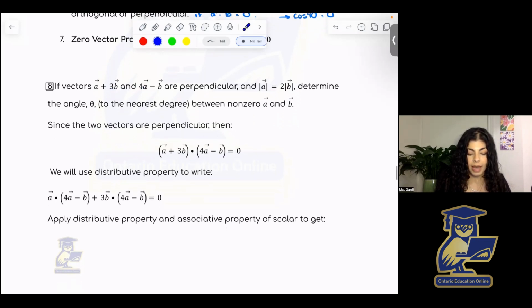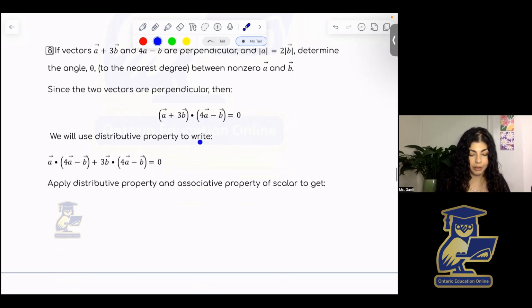0. Now we use the distributive property first here, and I'm going to rearrange here to get, distributing A here, so A dot product 4A minus B, and then 3B dot product 4A minus B, which is exactly what we see here.